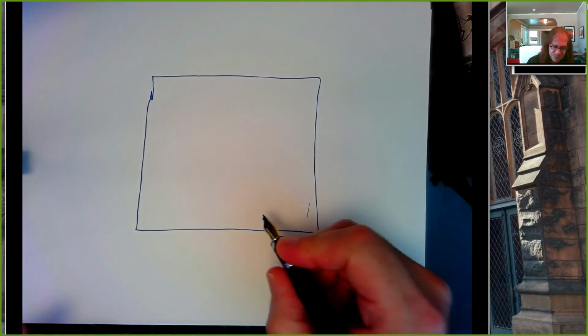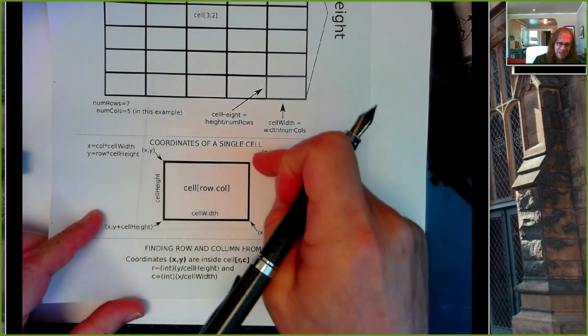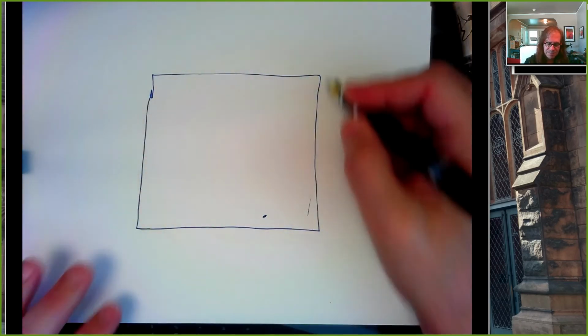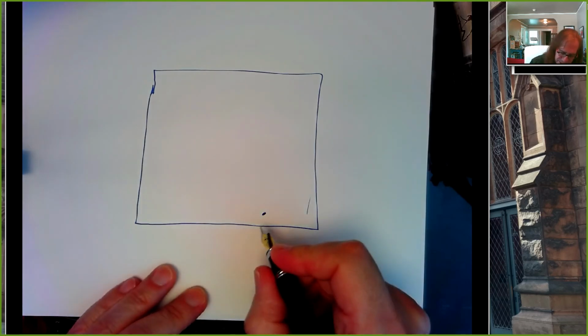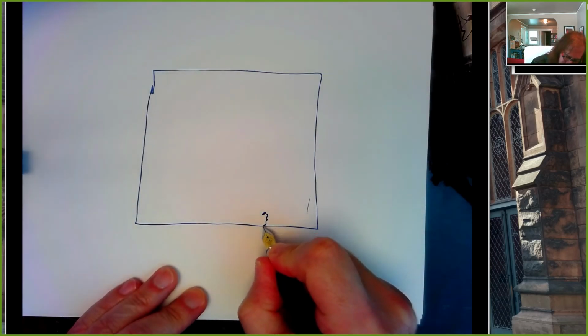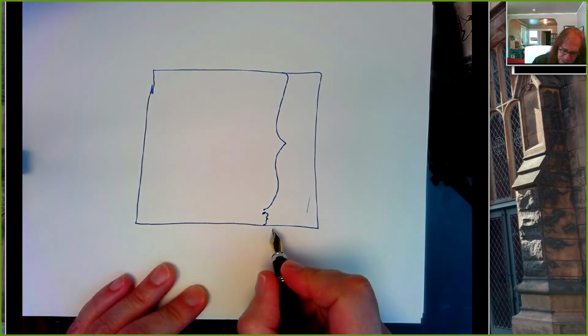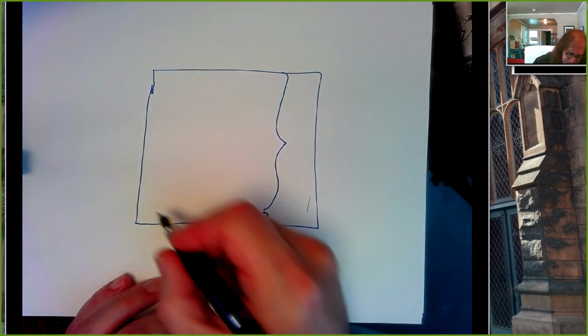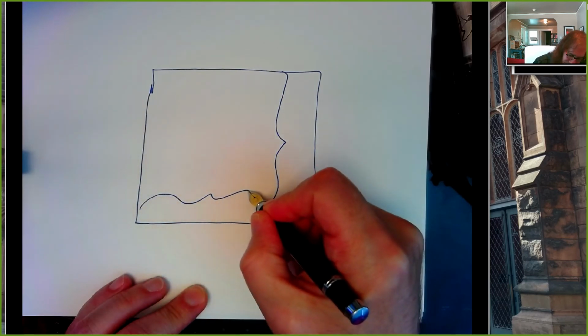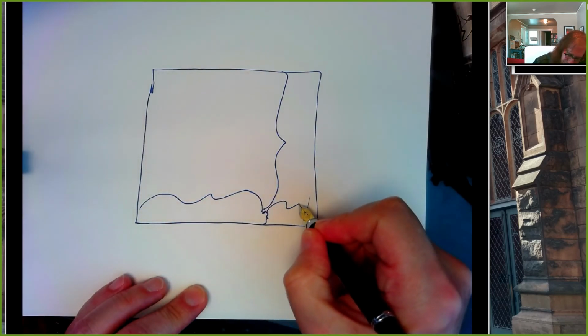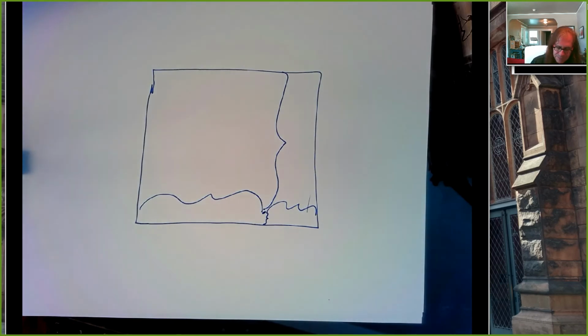Well, you've got the XY coordinates of this dot. You do some math and you find the XY coordinates for these corners. And now you have to calculate 4 distances. Calculate the distance in Y from this bottom line and from this top line. Calculate the distance in X from the left edge and from the right edge.